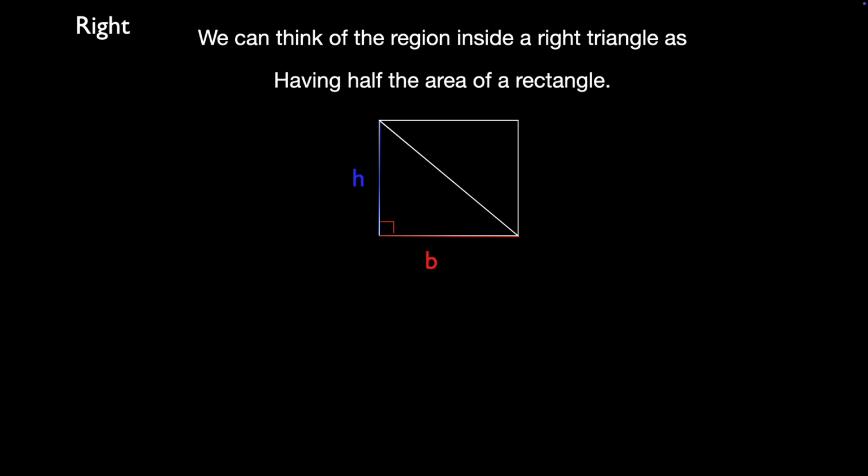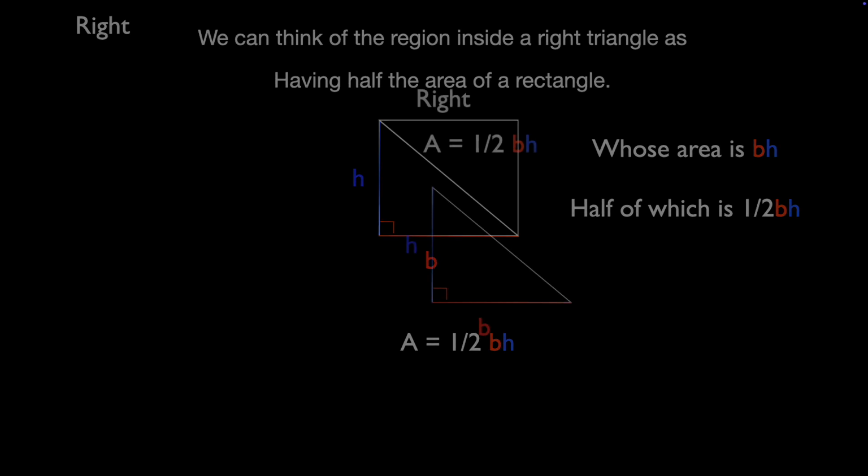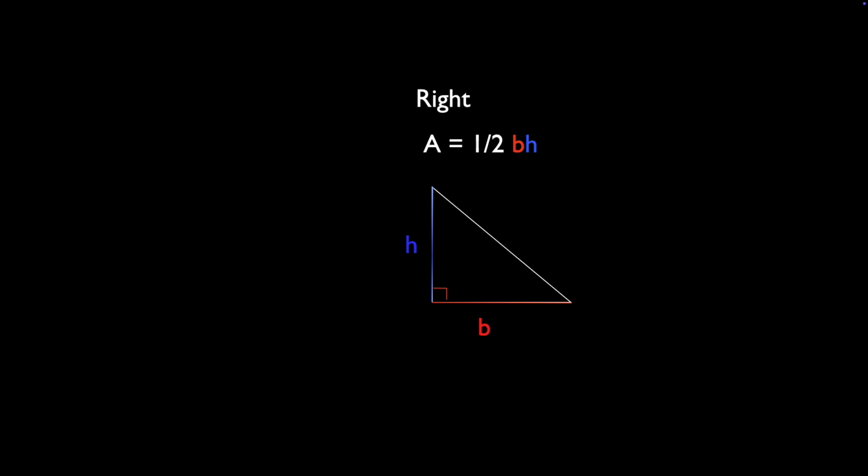The rectangle, which contains two right triangles of interest, has an area equal to base times height, and so our triangle would have area 1/2 of that, or 1/2 base times height. And so for a right triangle, it's fairly easy to see that the formula for its area is 1/2 base times the height, as it is half of a rectangle with area base times height.